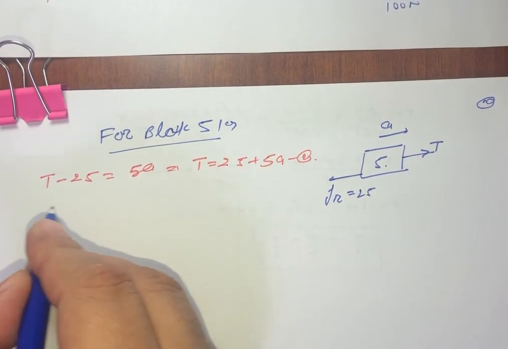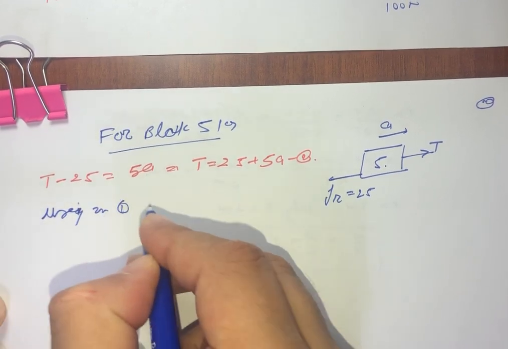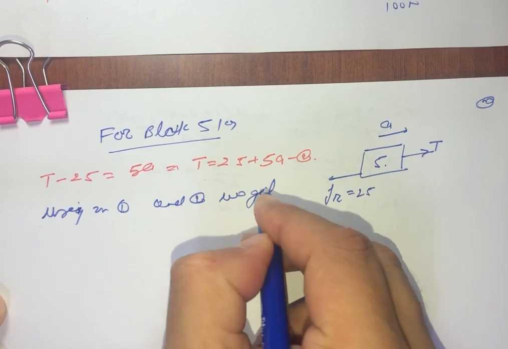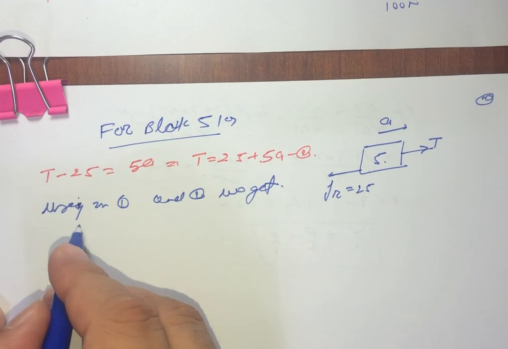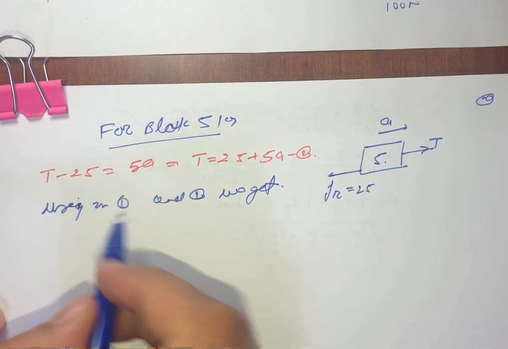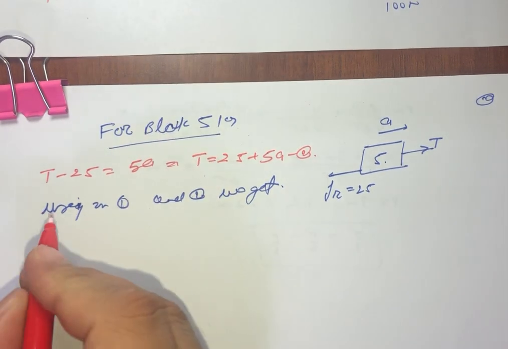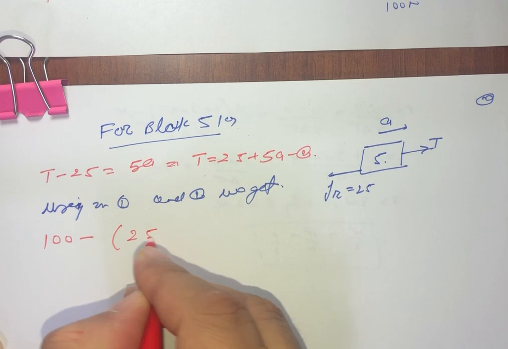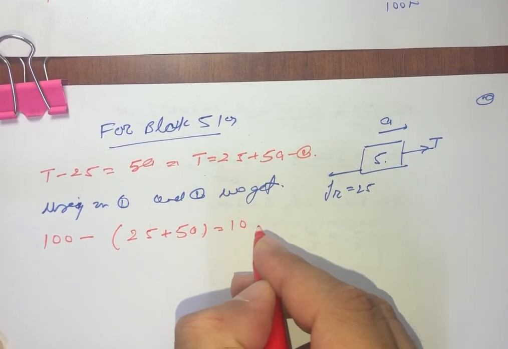Using equations 1 and 2, we get 100 minus (25 plus 5A) is equal to 10A.